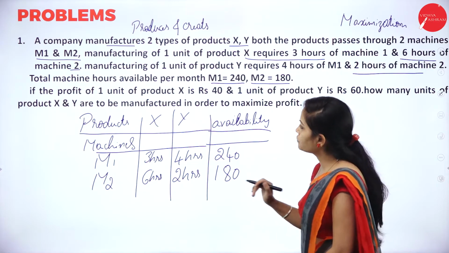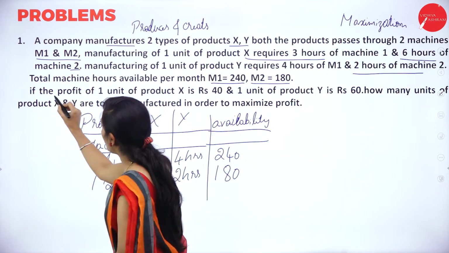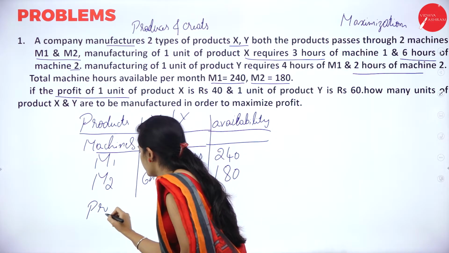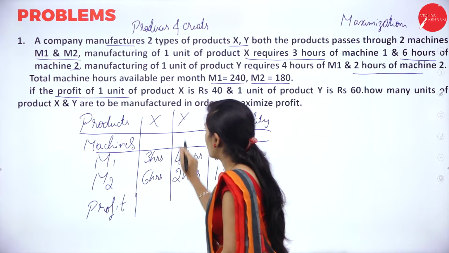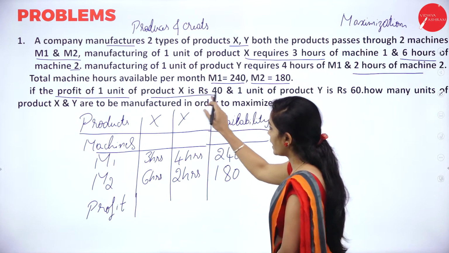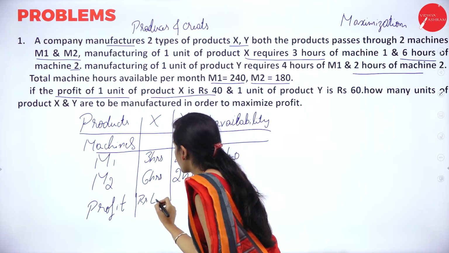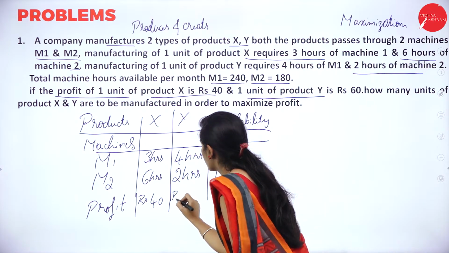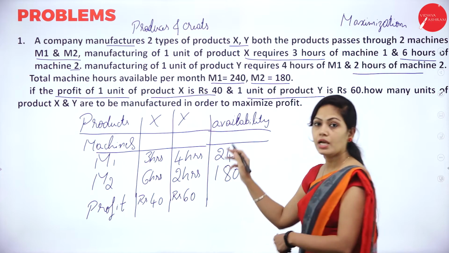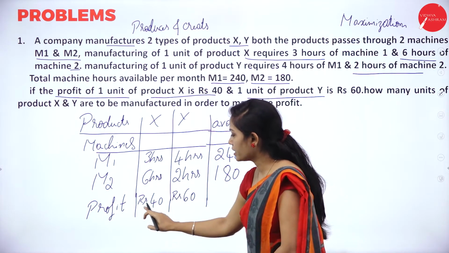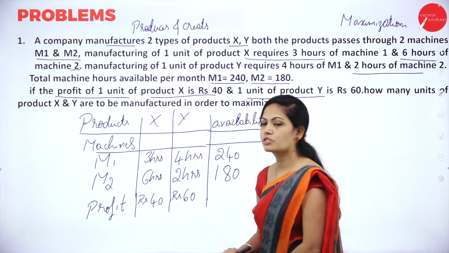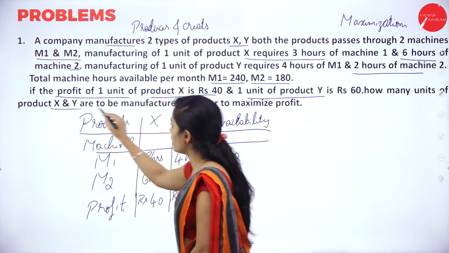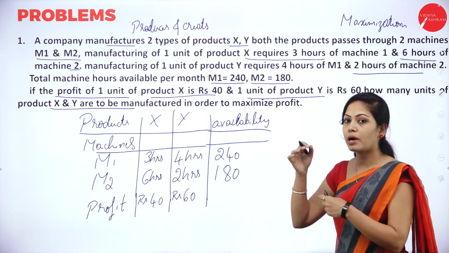After that, they have given the profit: the profit of 1 unit of product X is rupees 40 and of 1 unit of product Y is rupees 60. How many units of product X and Y are to be manufactured in order to maximize profit?